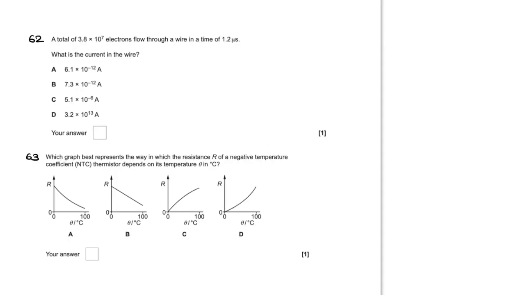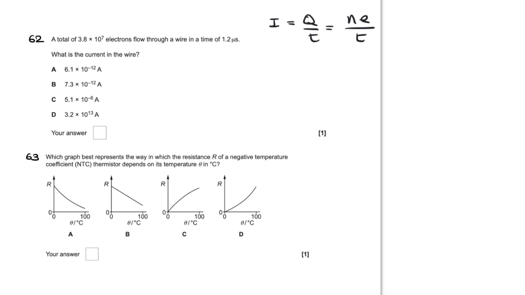For question number 62, we are given that there are 3.8 times 10 to the 7 electrons flowing through a wire in 1.2 microseconds, and we are to figure out the current. I is equal to Q over T, and we know Q can be written as N e.